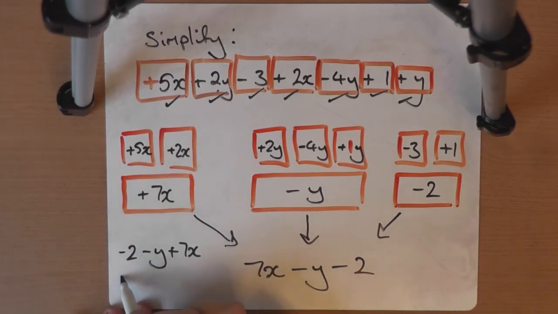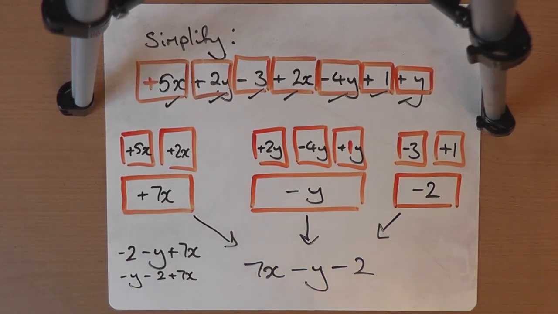It will be perfectly valid to write minus y minus 2 plus 7x and switch them around in that way. It is perfectly valid to have these terms in any order you like as long as the signs are correct. As long as you've got a plus 7x, a minus y, a minus 2, nothing else, and no more combined than that. But the answer I've gone for, 7x minus y minus 2.